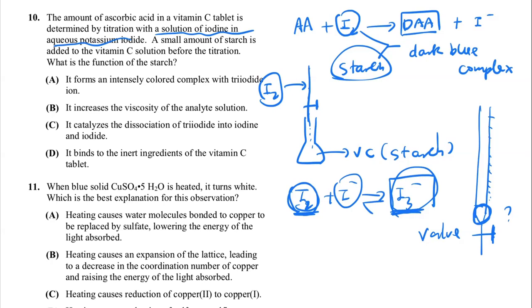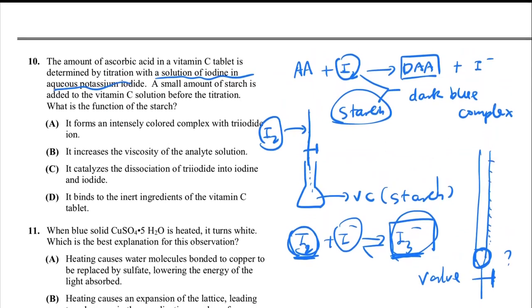It is still the I2, but the I3 minus can release into I2. So I3 minus can also make the starch change color because there is an equilibrium, right? Great, good question.